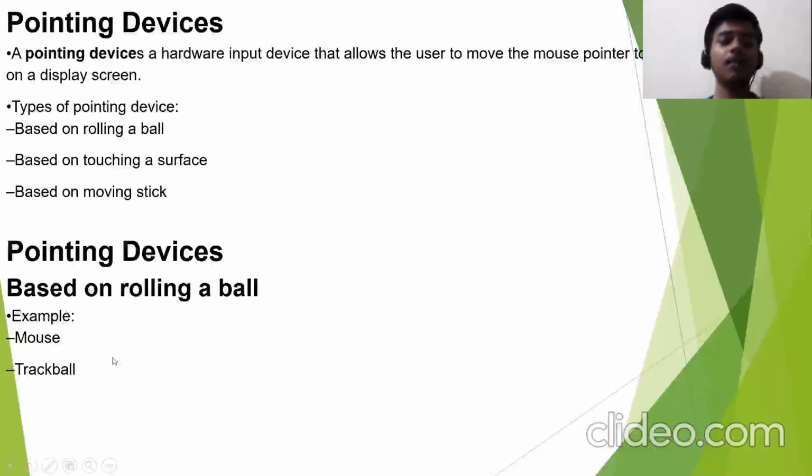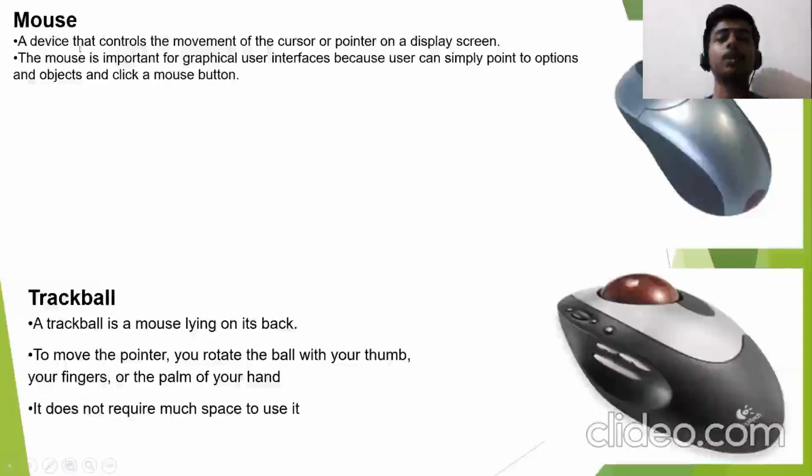Example, mouse and trackball. Mouse, a device that controls movement of a cursor or pointer on a display screen. The mouse is important for graphical user interfaces because the user can simply point to options and objects and click a mouse button.